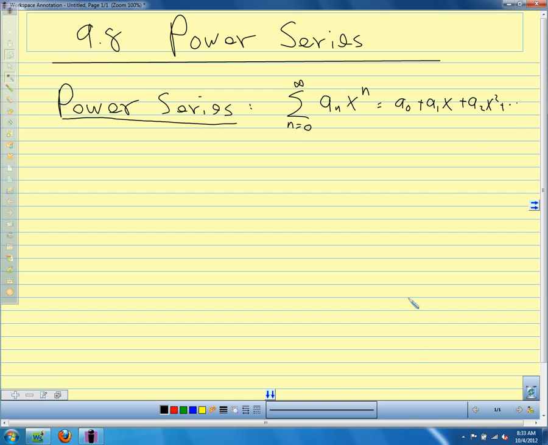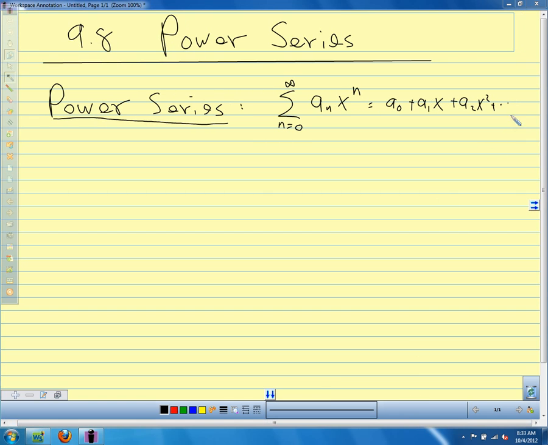And we just continue summing these terms. And x is a variable.